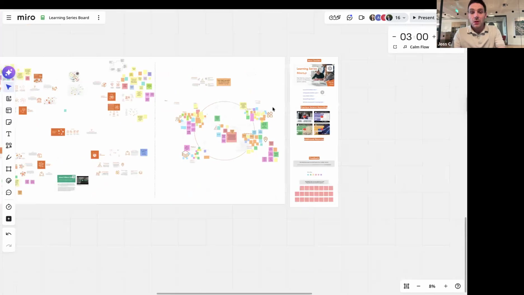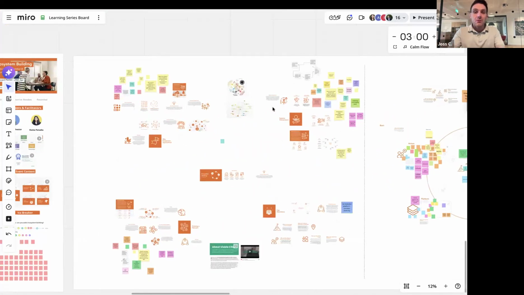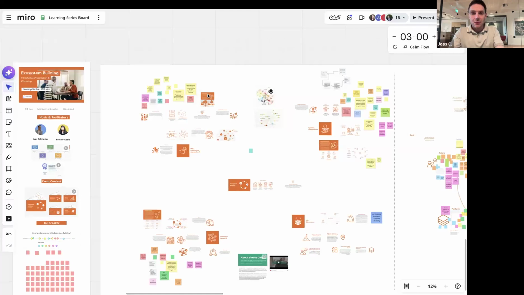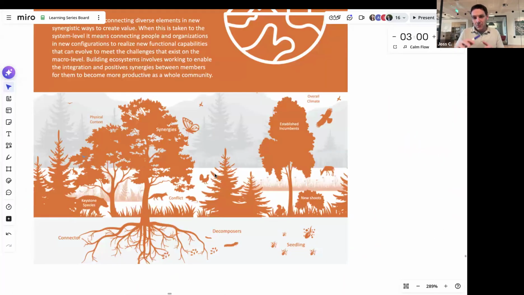So what did we cover today? We were talking about ecosystem building, and we talked about natural and human ecosystems and how they're pretty similar in many ways, and it's all these entities that are part of an overall network that is, in some sense, working together or interdependent in fulfilling some overall function.